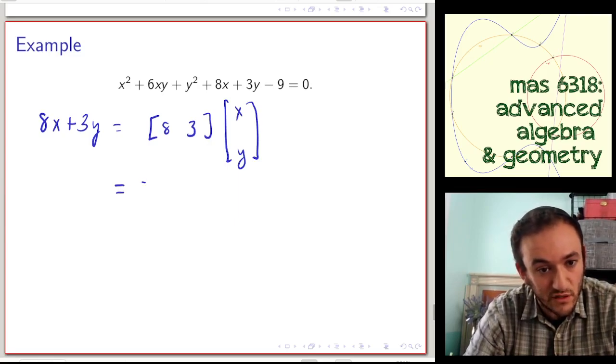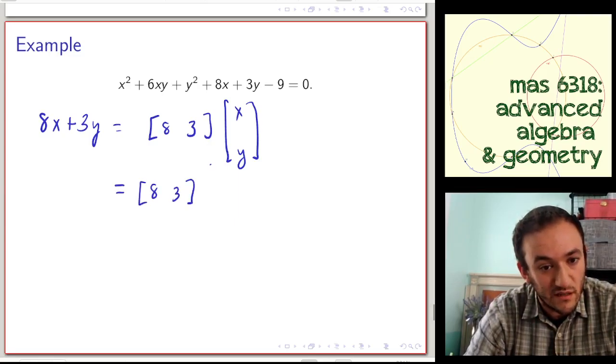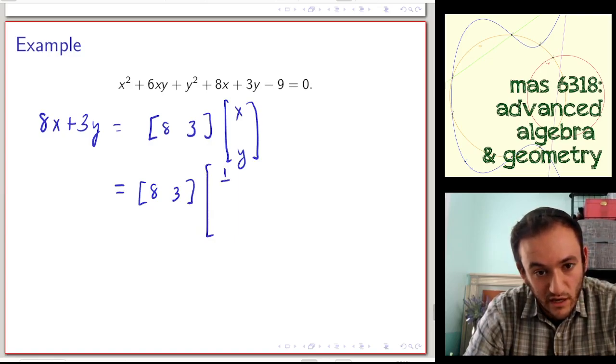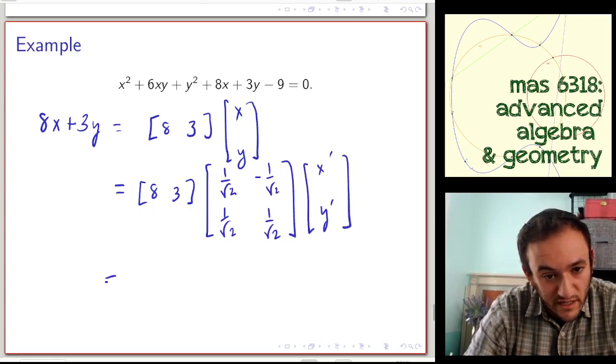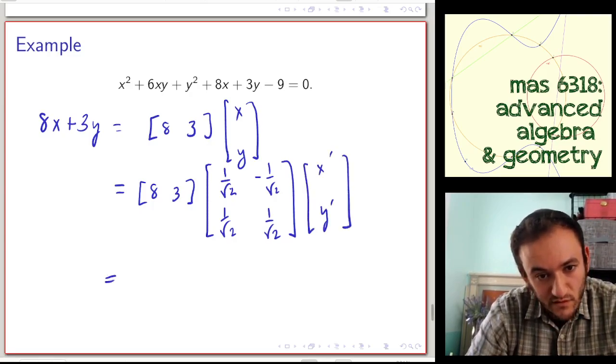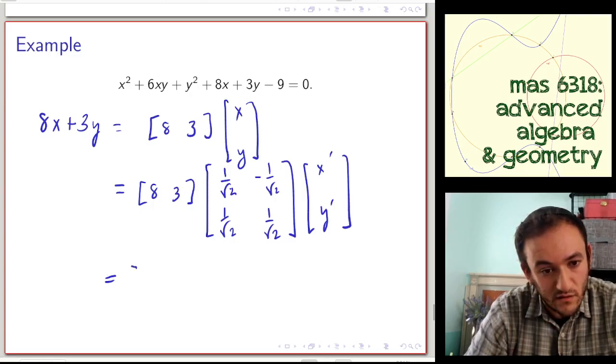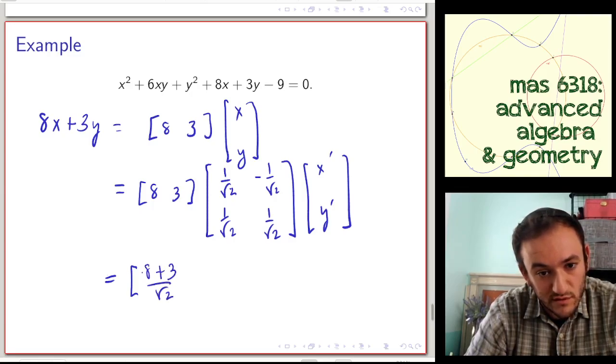So this is equal to 8, 3 times the transpose of the orthogonal matrix, of the change of basis matrix, times x prime, y prime, which gives us 8 plus 3 over square root of 2, times 3 minus 8.